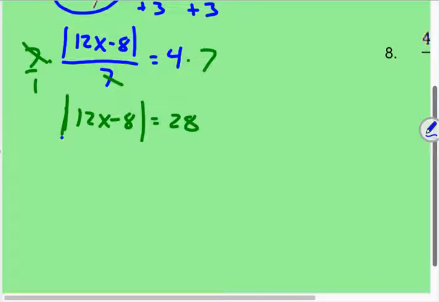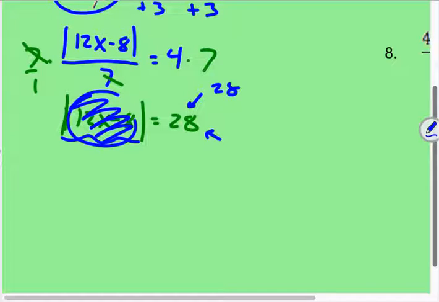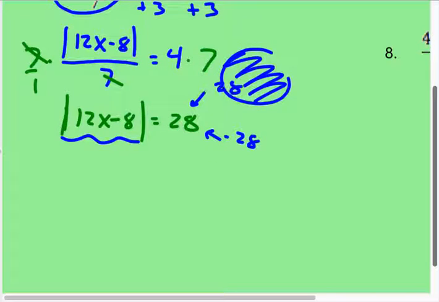I've isolated this. Now I can bust it up into two equations. Everything inside here right now could equal 28, or it could equal negative 28, and it would make it a true statement. So those are the two equations I'm going to set this inside equal to.